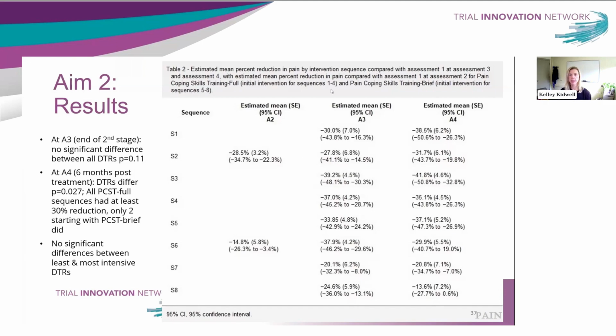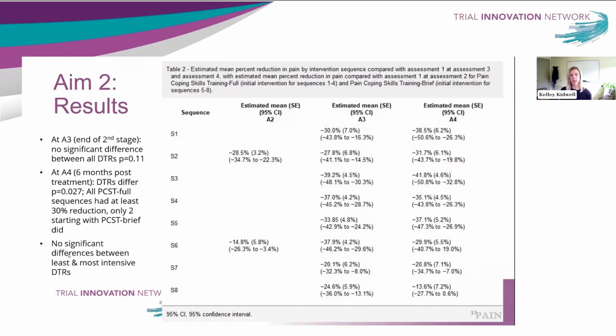And what they found was that at the end of stage 2, there was no significant difference between all of these dynamic treatment regimens. But 6 months later, they did find a significant difference between these dynamic treatment regimens. What you can see is that those who got the 5 full sessions initially tended to have more reduced pain longer term than those who only got the brief session initially.